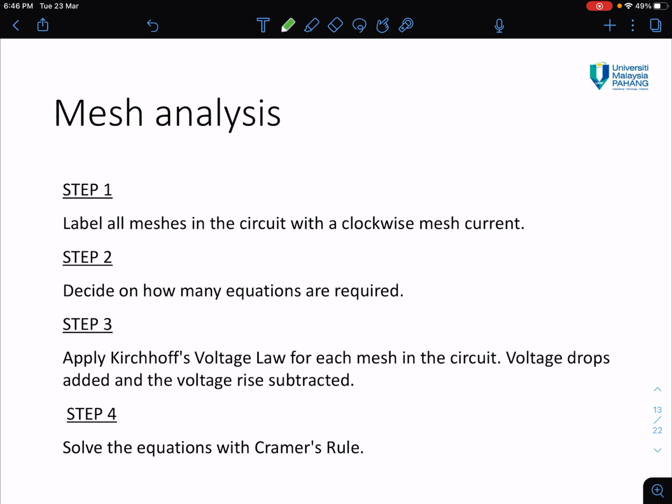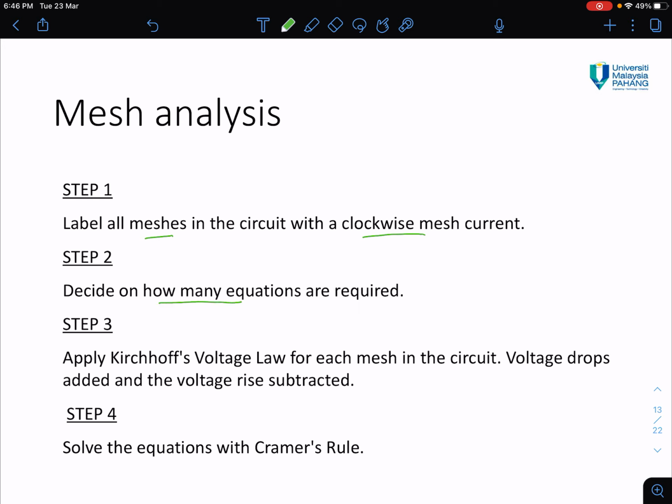Today we are going to learn how to implement mesh analysis in one example. There are steps to implement mesh analysis. The first step is we must label all meshes in the circuit clockwise. The second step, of course, is to decide how many equations are required.